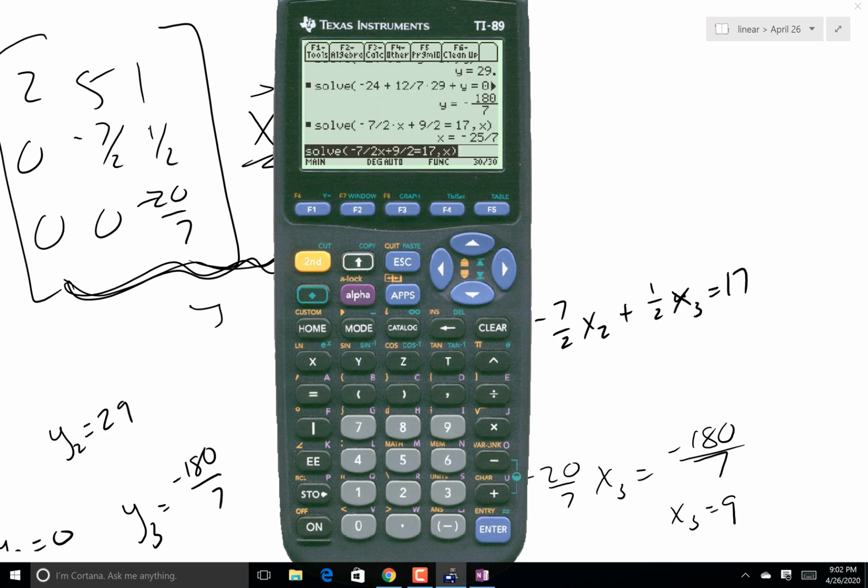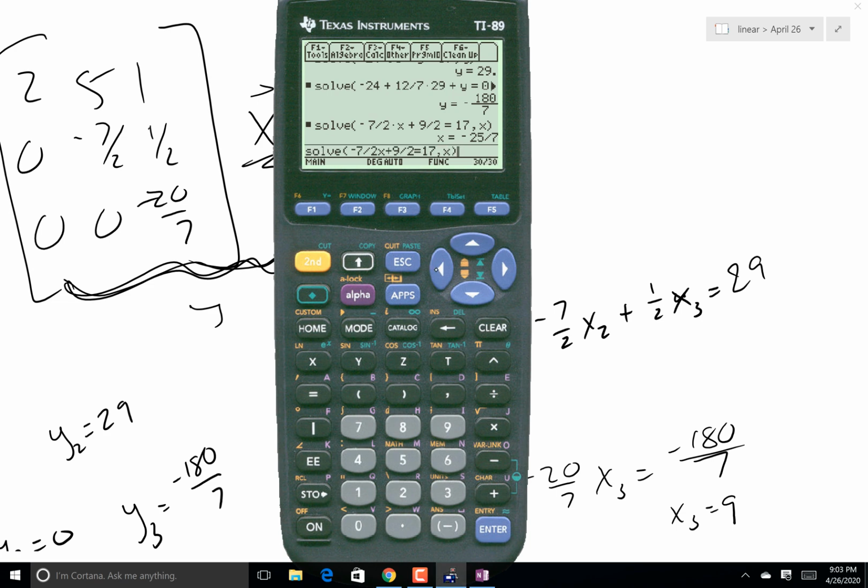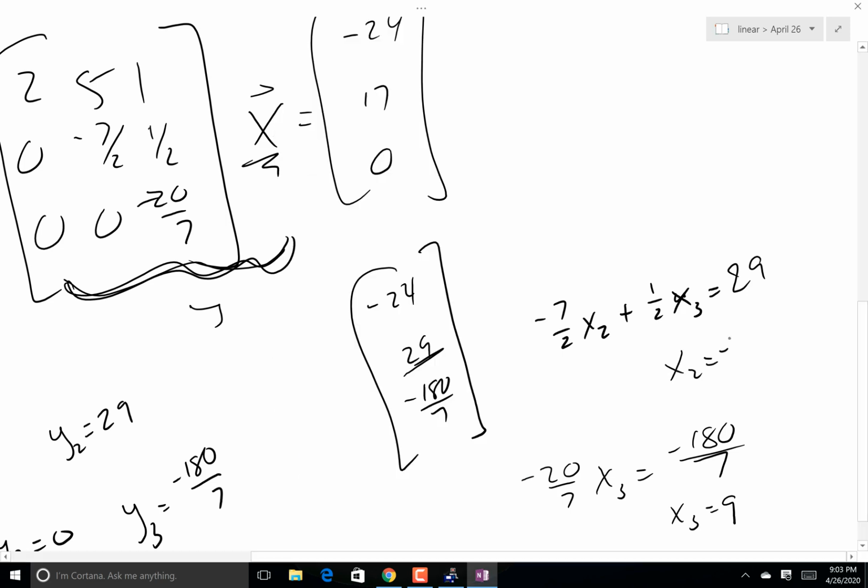So x equals negative 7, you goober. Remember, it doesn't equal those, it equals these guys. So pay attention to that. I'm like, it can't be wrong, I know I'm right. Boom, x2 is equal to negative 7.